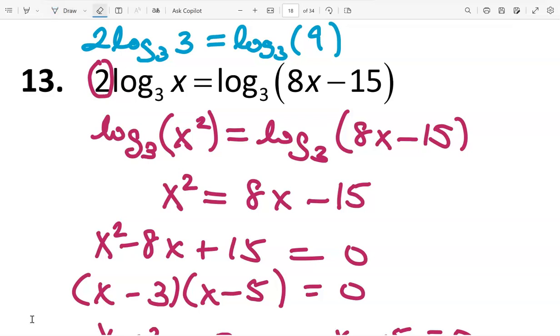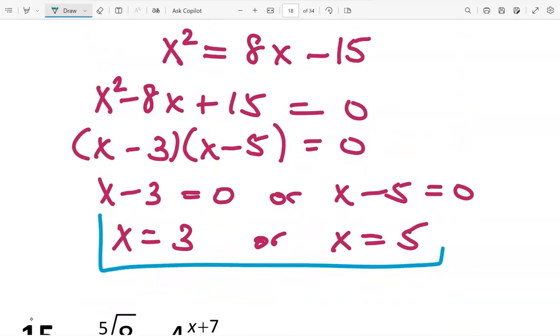Now, let's change this to x equals 5. So if we replace x with 5, then the right-hand log is 8 times 5 minus 15, which is 25, and 2 times the log of 5 is equal to the log base 3 of 25. So both solutions this time are valid, so we can accept both solutions here.